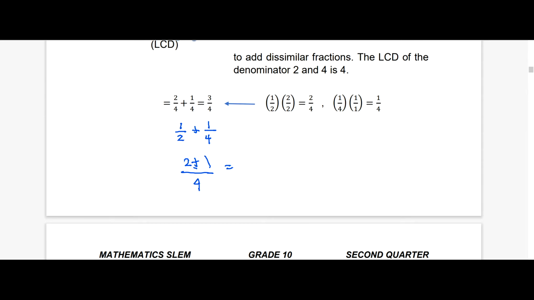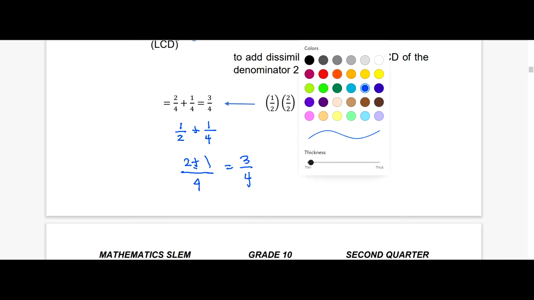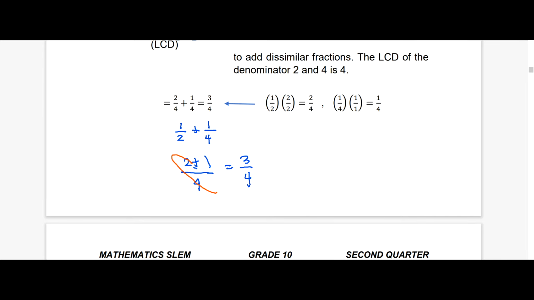Kaya, magiging 3/4. Ito yung 2/4 na yan. Para hindi kayo malito. Tapos ito yung 1/4 na yan. Okay? Same lang yan. Parang ito, kinonvert yung 1/2 sa 4 dapat yung ilalim. So, that's 2/4 plus 1/4. That's 3/4. That's the sum of the first two terms.